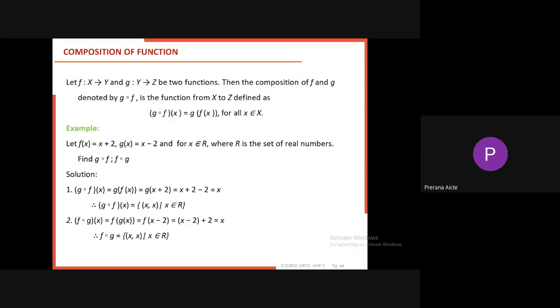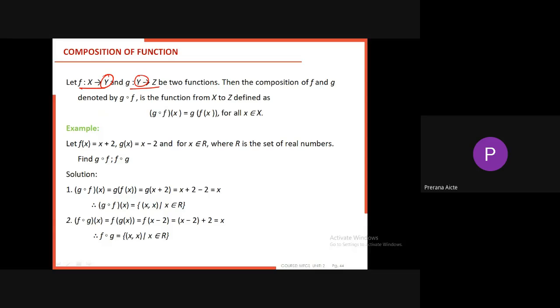And composition of two functions. This is one of the operations that we can apply on functions, and we represent it like this. Let the function f map from x to y, and another function g map from y to z. The composition is possible only if we have mappings like this, x to y and y to z.